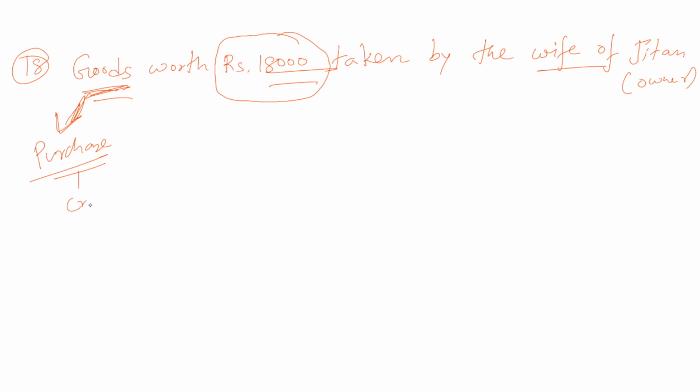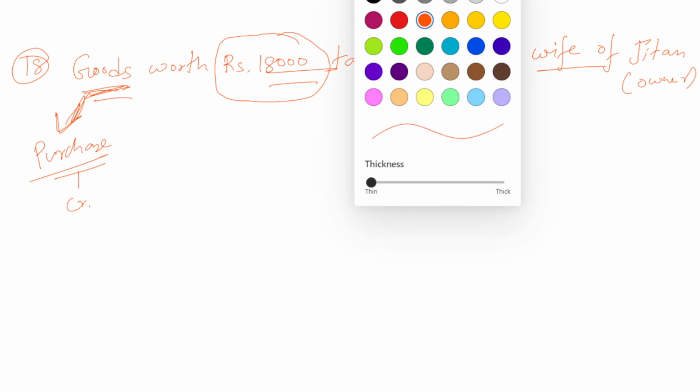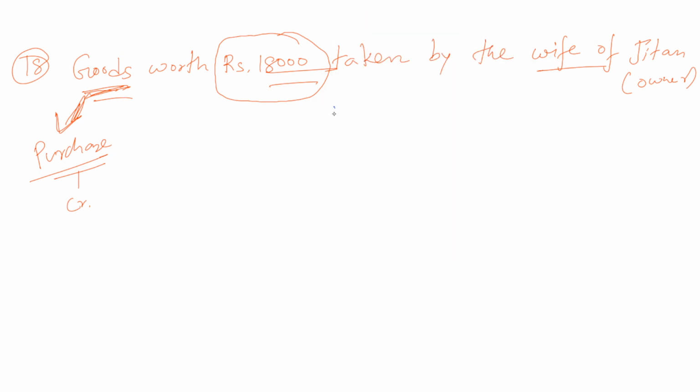So we will write credit this purchase account, because when we purchase, we debit the purchase account. Now rupees 18,000 of goods have been taken by the wife of the owner. So we will credit that purchase. So what account is to be debited? Whenever the owner takes any goods or money from the business, that is considered as drawings account.